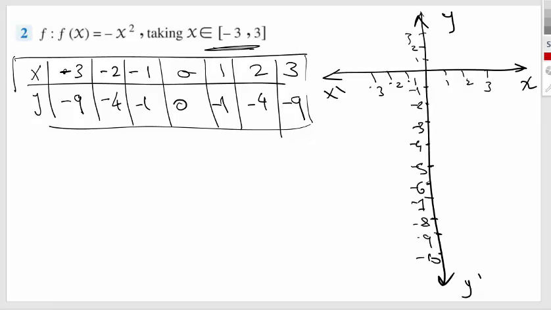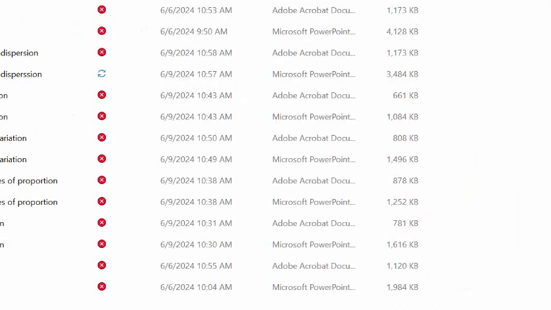Let's put our points and join them together to find our final shape. -3 with -9 like this, -2 with -4, -1 with -1, 0 with 0, the origin point, 1 with -1, 2 with -4, and 3 with -9. I will join them by hand to get a curvy function, which is a U-shaped function.